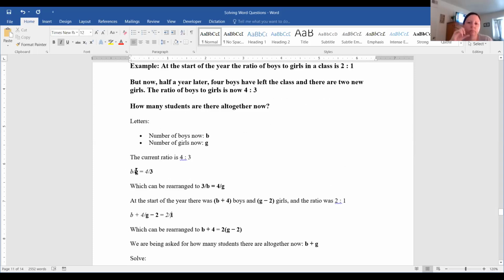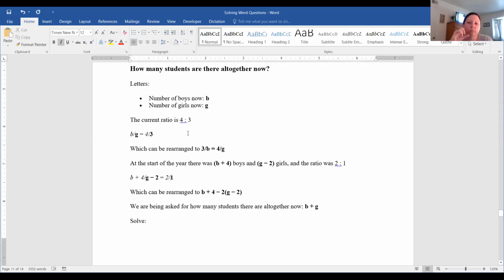That means boys to girls is 4 divided by 3. Boy over girl is 4 to 3. So if we multiply 3 times both sides and then G times both sides, we get rid of the division, and we get 3B equals 4G.